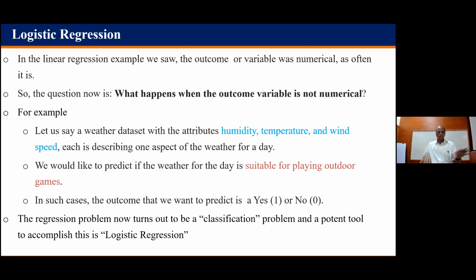So the regression problem now turns out to be what is called a classification problem. I want to put them into classes. And a potent tool to accomplish this is logistic regression.